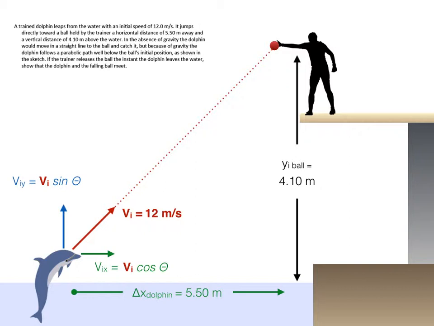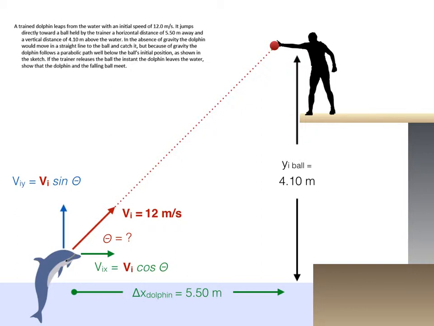That begs the question, what is theta? What is the angle it makes with the horizontal? That's one of the first things we want to find out, because in order to find those y and x components, we need to know that angle. This whole scenario makes a right triangle, and the opposite side is 4.1 meters and the adjacent side is 5.5 meters.